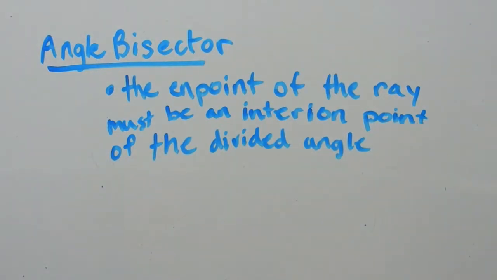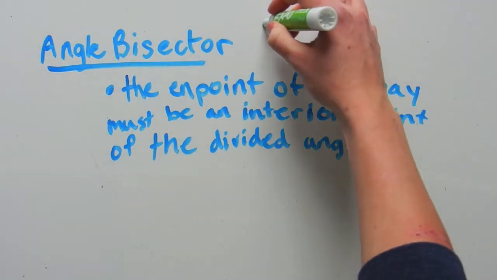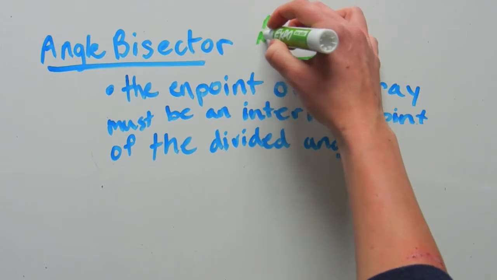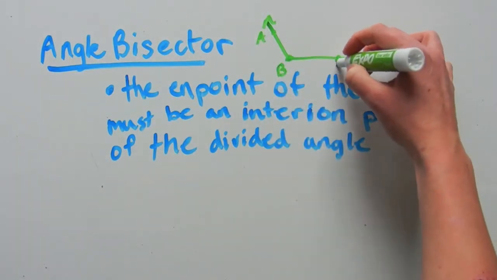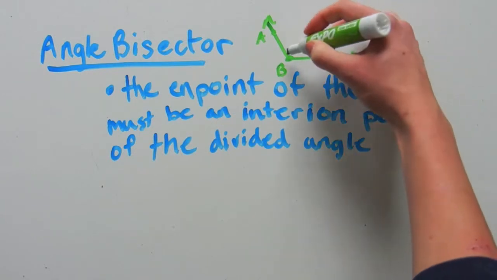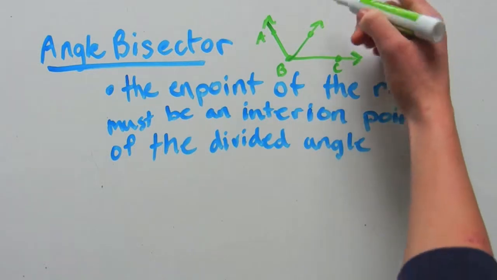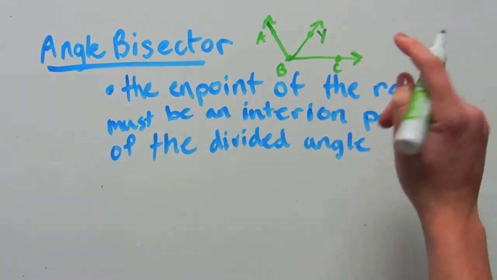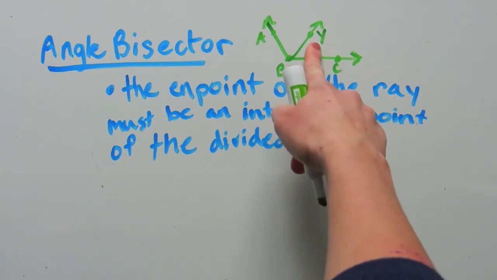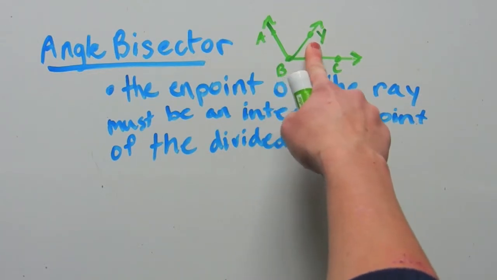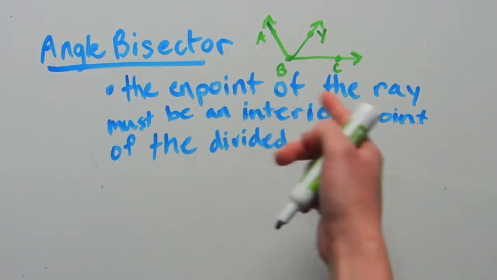What this is saying is if I was to divide this angle, let's call this A, B, and C, when I divide it with this ray, BY, then the endpoint of that ray, BY, is an interior point of the angle ABC, the original angle, or the divided angle.